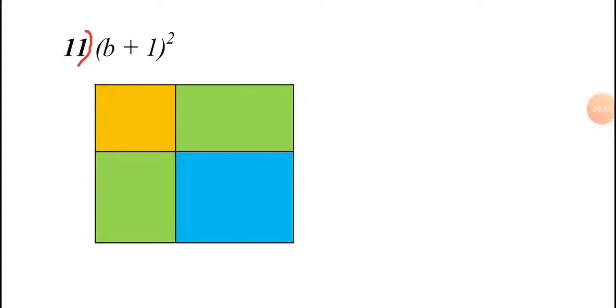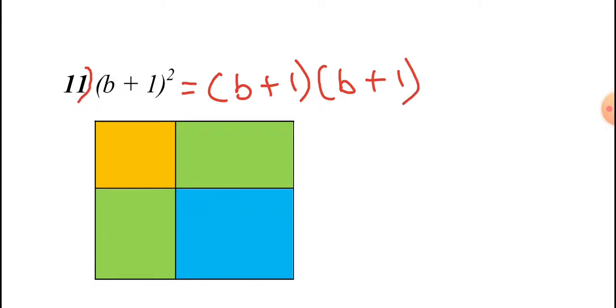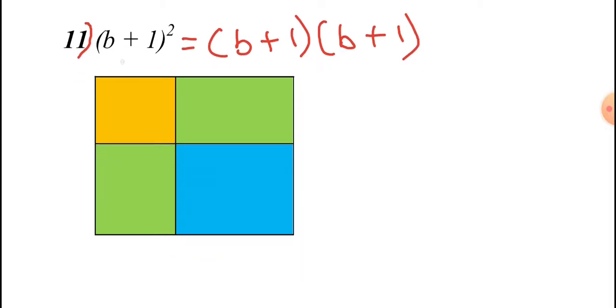Question 11 now. So remember, b plus 1 squared means b plus 1 times b plus 1. So according to the first bracket, I'll put it here, b plus 1, and then b plus 1 I'll put on the side there.